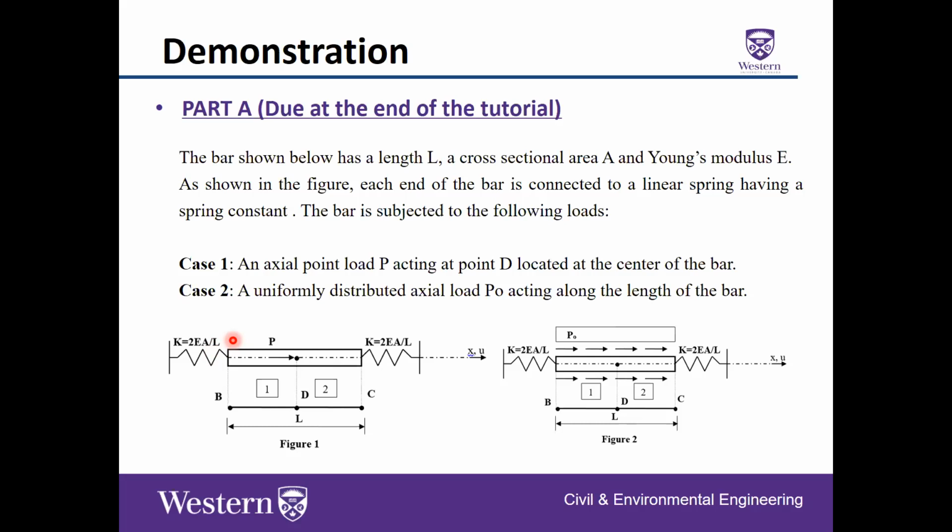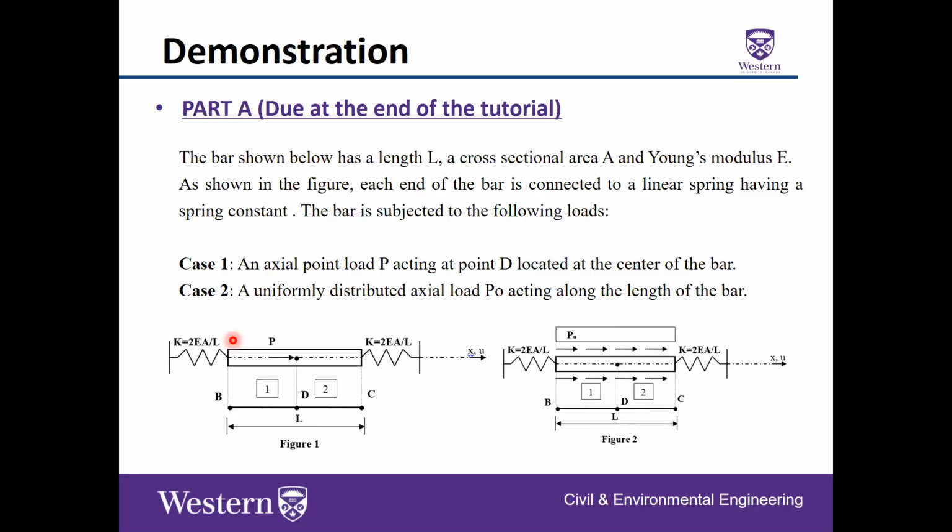And for another load setting, we had a distributed load, P node, that is uniformly distributed within element 1 and element 2. So one thing I would like you to know is that in the tutorial, we have the first case, like figure A, and the second case is the distributed load and so on.